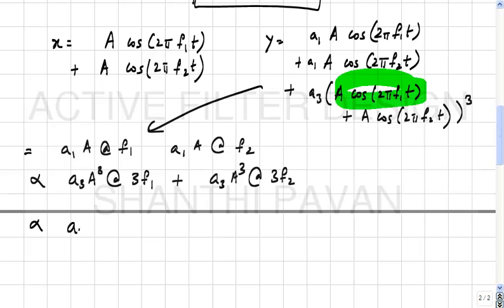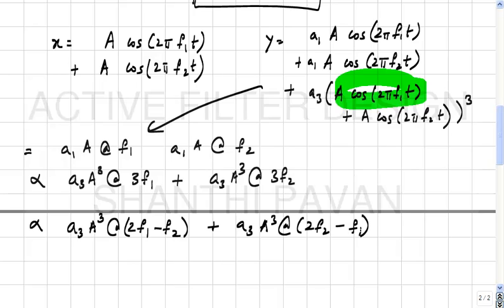So, this will again be proportional to A3 A cube, some term at 2 F1 minus F2 plus another term at, because of symmetry, 2 F2 minus F1.